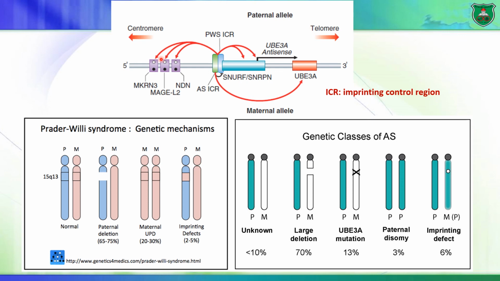Now, what happens on the maternal chromosome is that, within the same region, you have inactivation of production of the non-coding RNA, resulting in activation of this gene, and at the same time, this region is inhibited, resulting in methylation of these genes, resulting in their suppression.